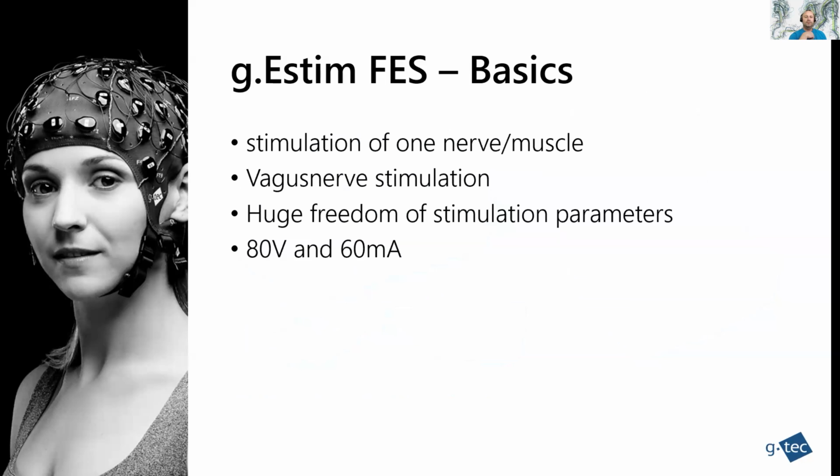So with the stimulator, we can do muscle stimulation, but we can also do nerve stimulation, for example. And there is a standalone software coming with the device directly that you can use, but we also have an opportunity to control the stimulator, for example, via Simulink, and with that you have a lot of parameters that you can actually manipulate.